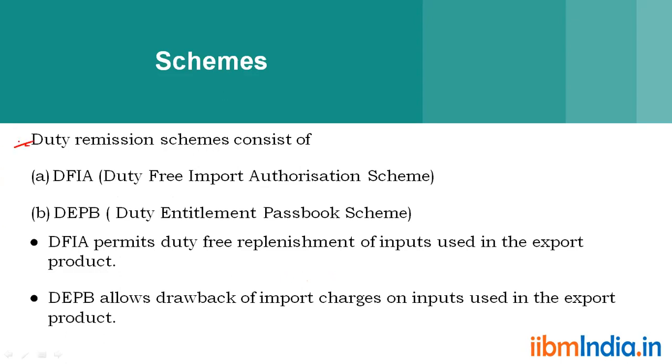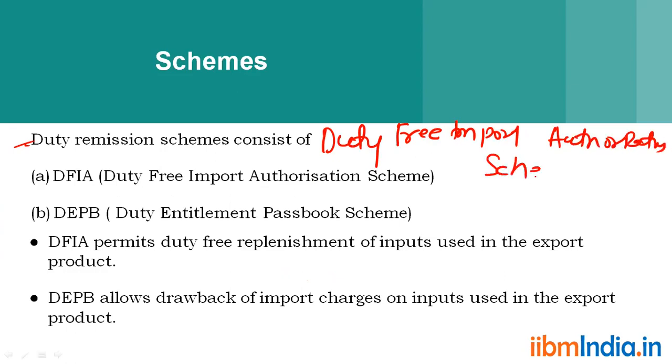Duty remission scheme consists of DFIA, duty-free import authorization scheme, and DEPB, duty entitlement passbook scheme.